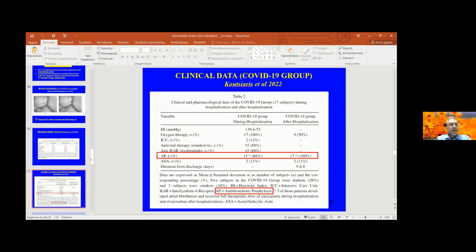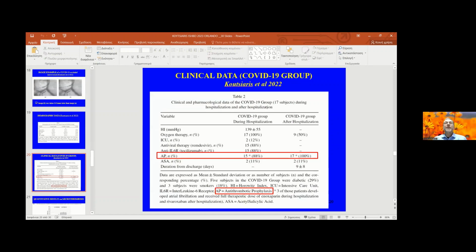And here, the next slide is about some clinical data concerning only the COVID-19 group. And as you can see, we have some data. We have one column during hospitalization and one column after hospitalization.